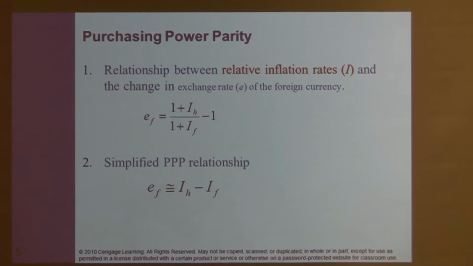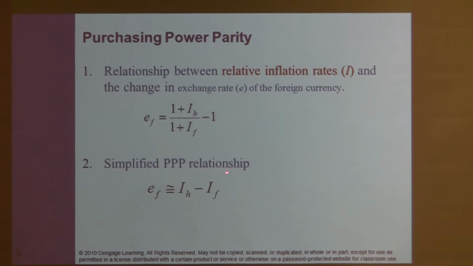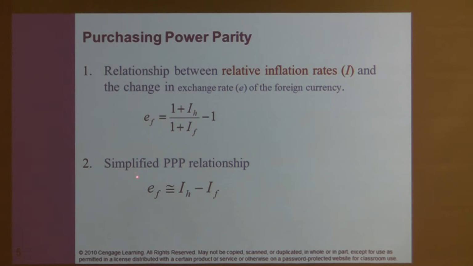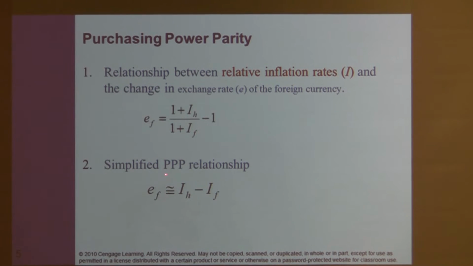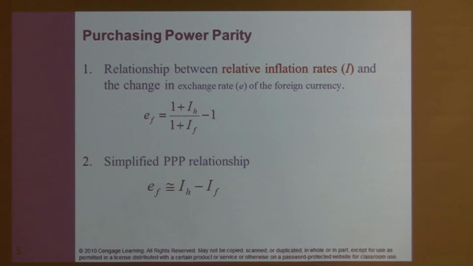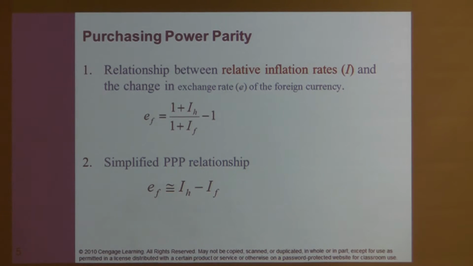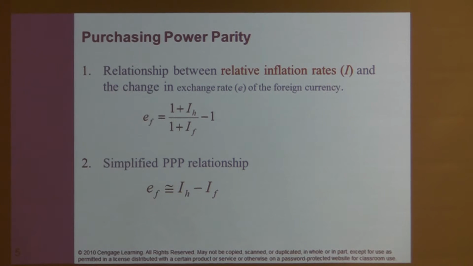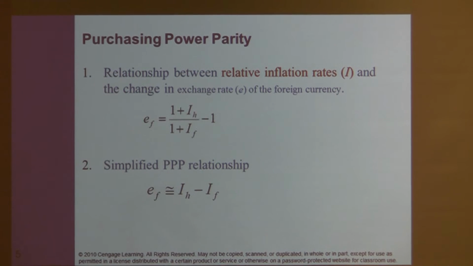And what we are saying here is that the change in the euro is related to the inflation in the US and the inflation in Europe. So the change in the exchange rate depends upon the inflation in the US and the inflation in Europe, or any other country that we are talking about.